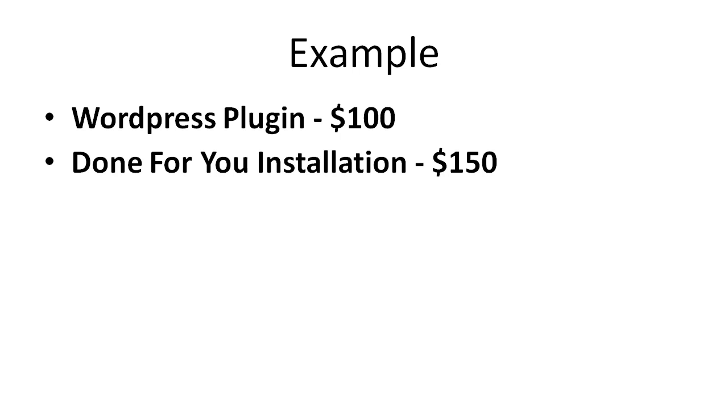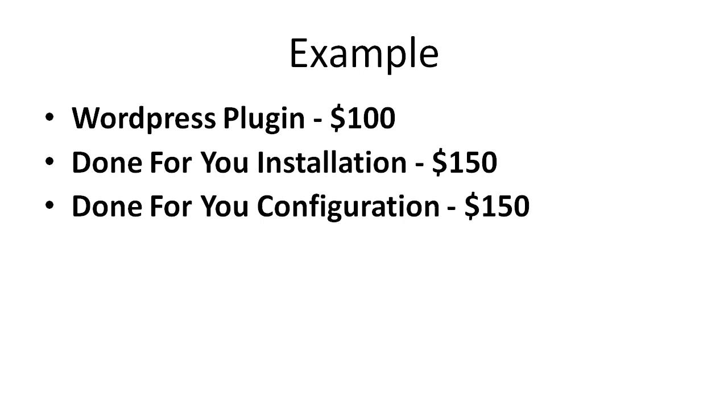But instead of charging them an extra $150, you can say today, if you just buy it today, we'll install the WordPress plugin for you. My WordPress programmer dude will install it for you. He'll configure the plugin to the best of your website, so you don't have to.